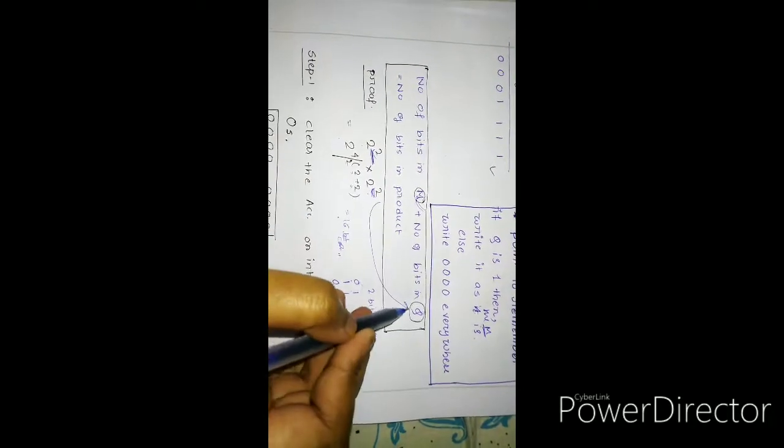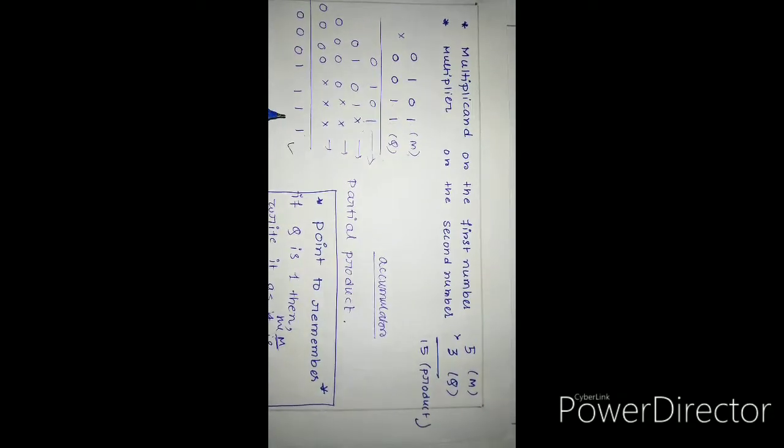So always remember that the number of bits in the multiplicand and the number of bits in the multiplier equal the number of bits in the product. Like if we take a 4-bit multiplicand and a 4-bit multiplier, the result can be 7 bits or so, but it will not be more than 8 bits.